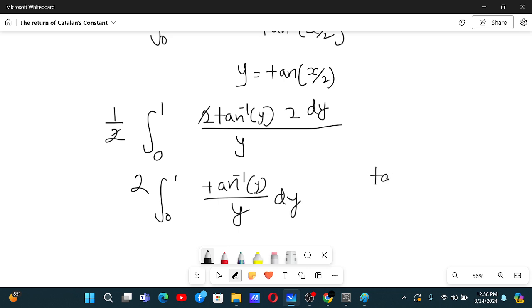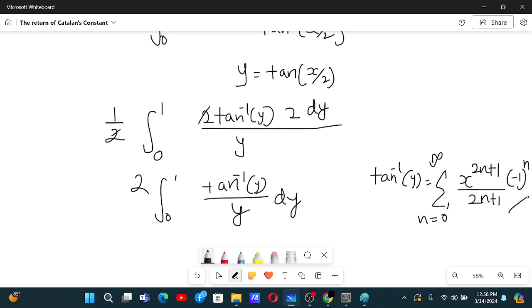The series expansion for tan inverse of x is the sum from n equals 0 to infinity of minus 1 to the power n, x to the power 2n plus 1 by 2n plus 1. That means it is x minus x cubed by 3 plus x to the power 5 by 5 minus x to the power 7 by 7 and so on.